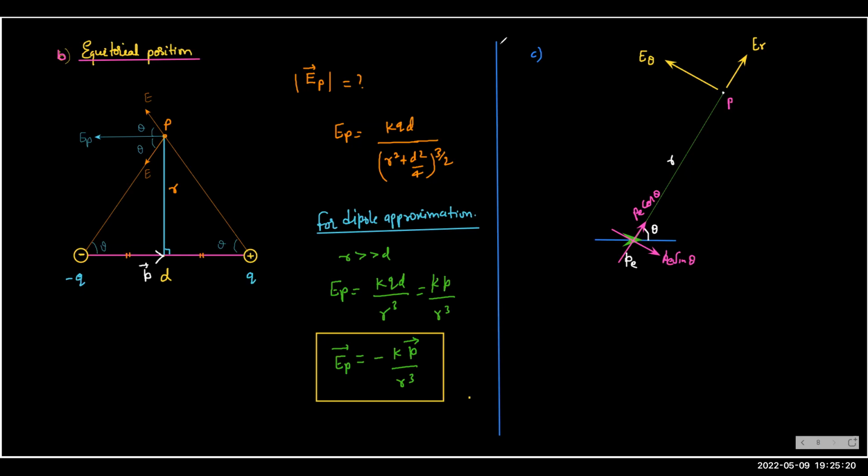To find the net electric field, we are supposed to take the resultant of these two.